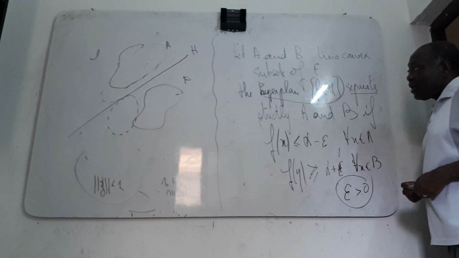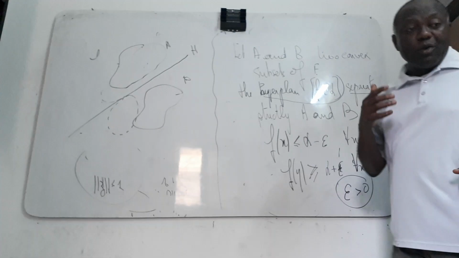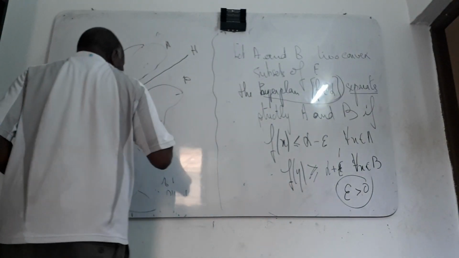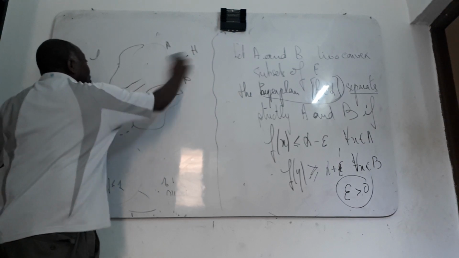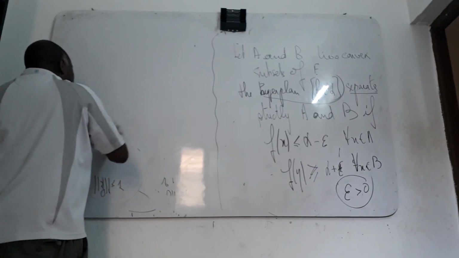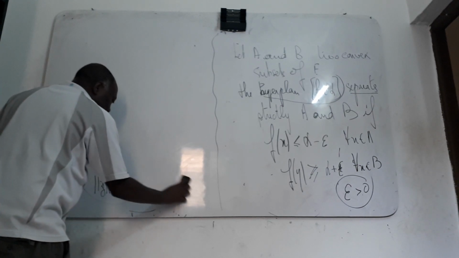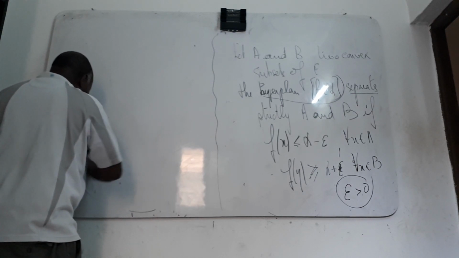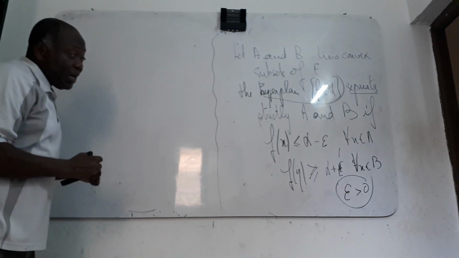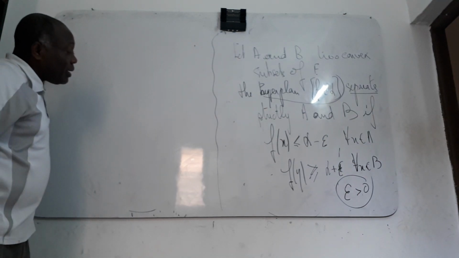So I'll give you some properties, which are very important also in mathematical analysis, concerning the Hahn-Banach theorem. We call this kind of theorem the first geometric form of the Hahn-Banach theorem and the second geometric form of the Hahn-Banach theorem.